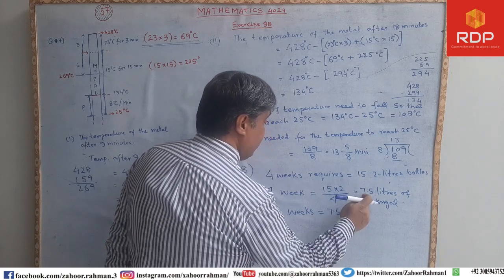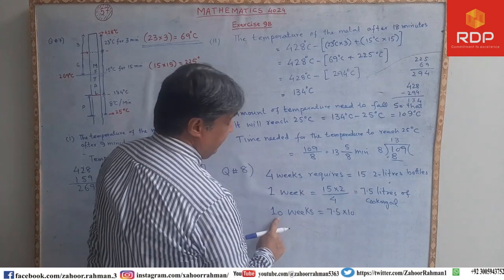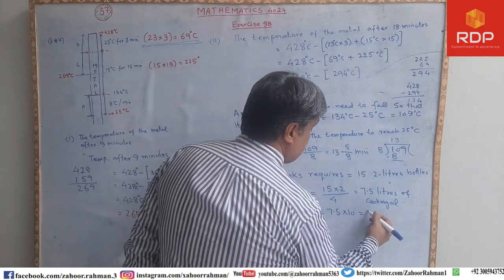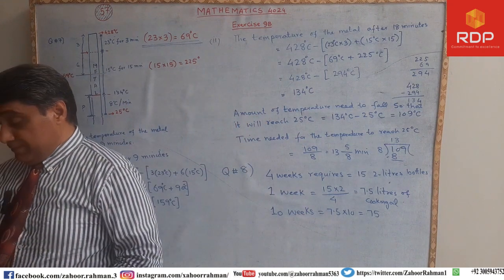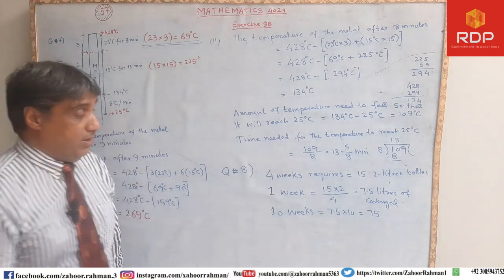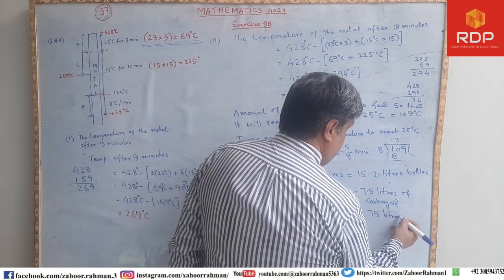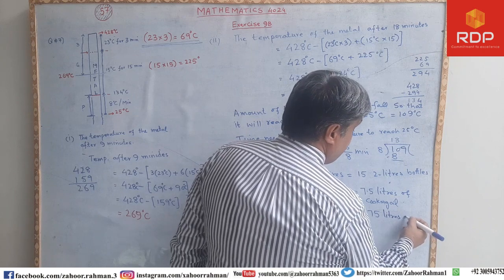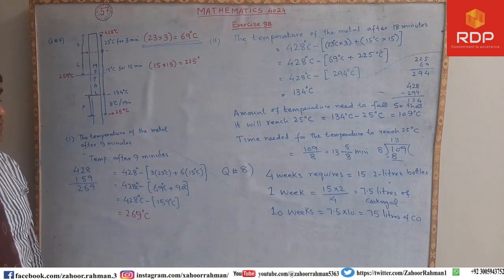For 1 week, 7.5. For 10 weeks, we have to multiply. So that will be 75 liters of cooking oil. I am writing CO. This is not carbon monoxide. It is cooking oil.